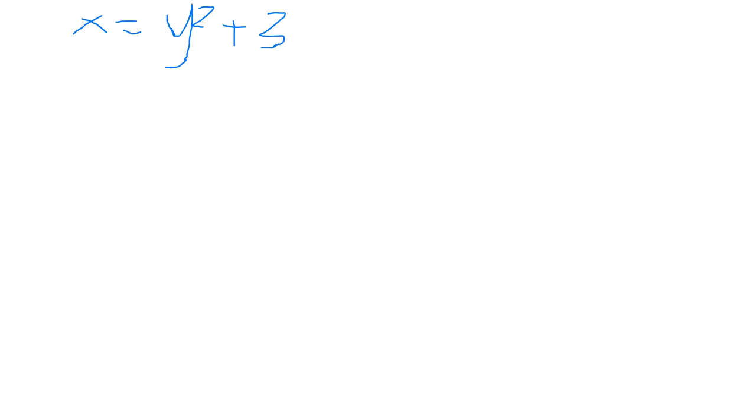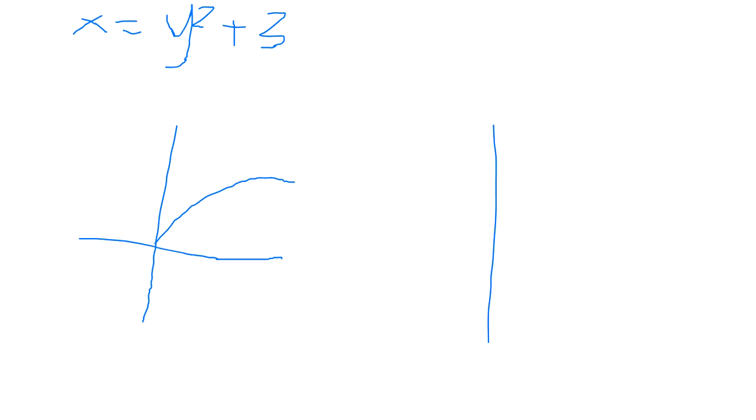No, my turning point is (3, 0). So I think this graph, if I'm not mistaken, will look like this. If you are saying plus 3, then it can't look like that. It's going to look something like this. So plus 3, then this one will go like this. So here will be 3.